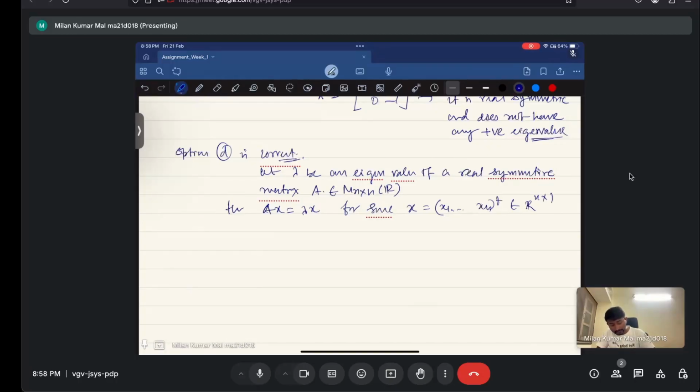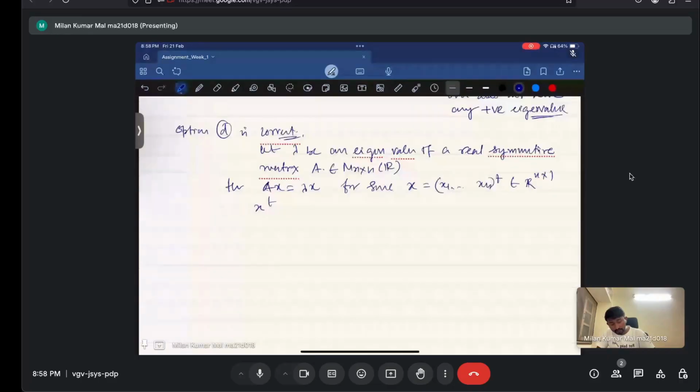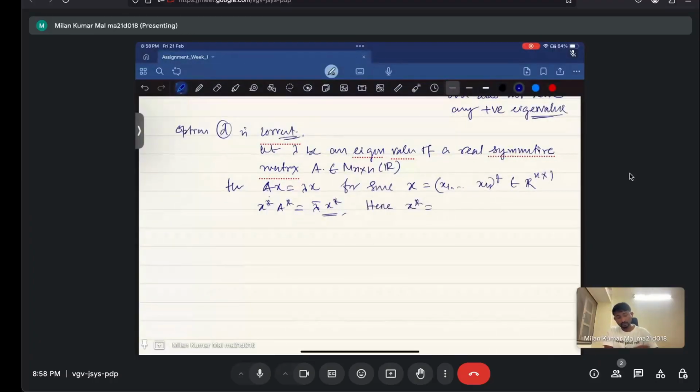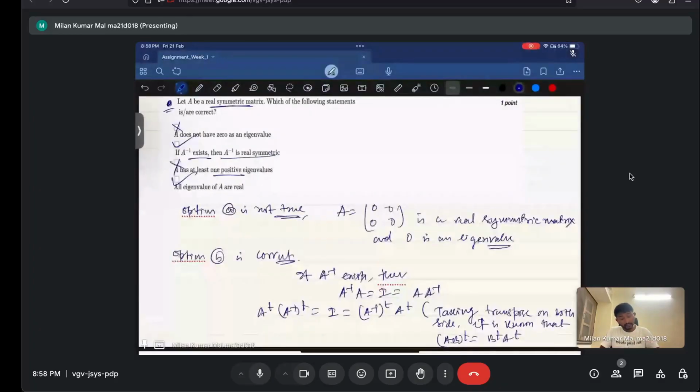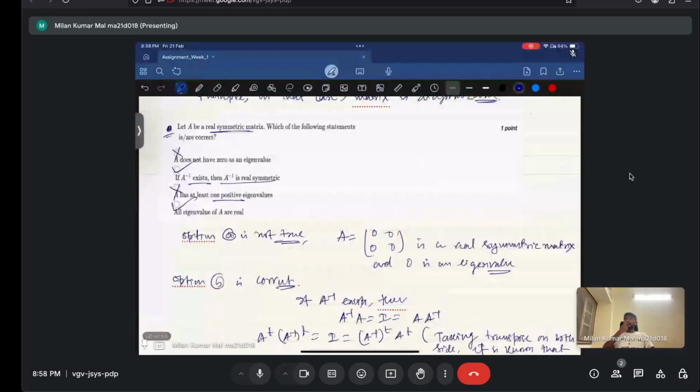In that case, taking the conjugate transpose, x star A star is equal to lambda bar x star, where x star is equal to (x1 bar, ..., xn bar). Here the vector need not be a real vector.